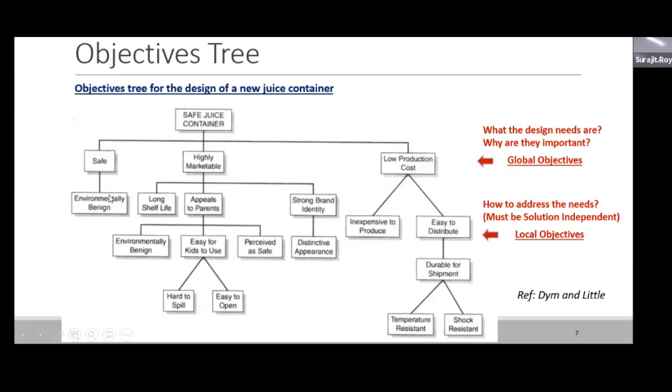All the attributes related to safety are attached to this block. All the ideas related to manufacturing, production cost, distribution and how it is handled during shipment are under this headline, low production cost. And all the other attributes that make it more marketable are attached in the middle. So you are clustering similar ideas in one place, and that is what this tree structure is all about.